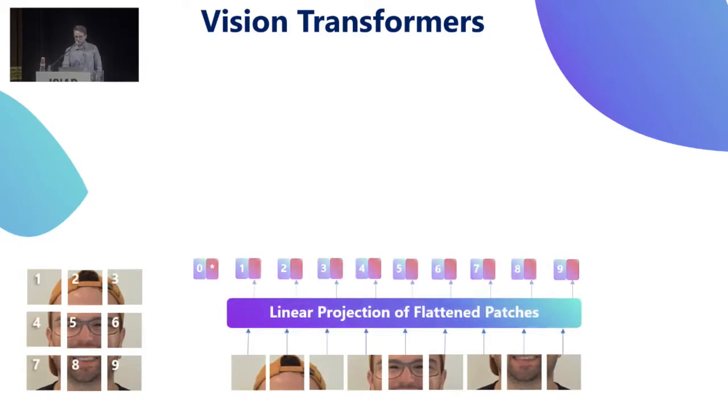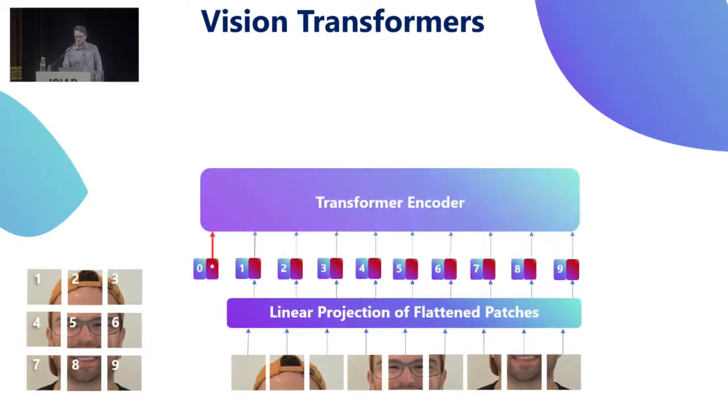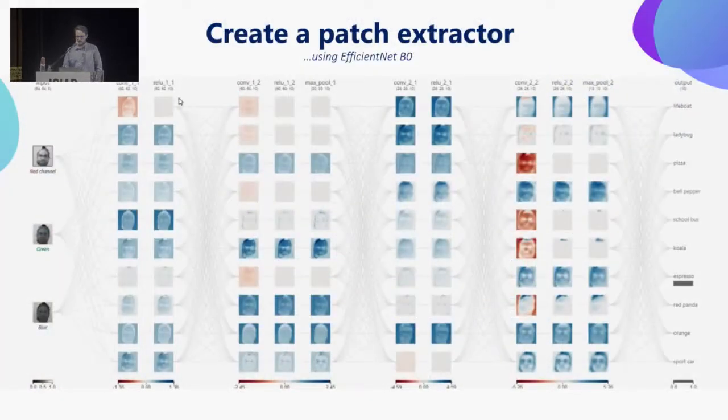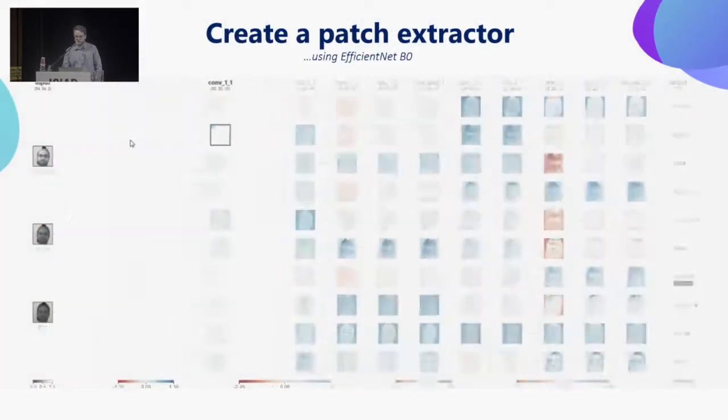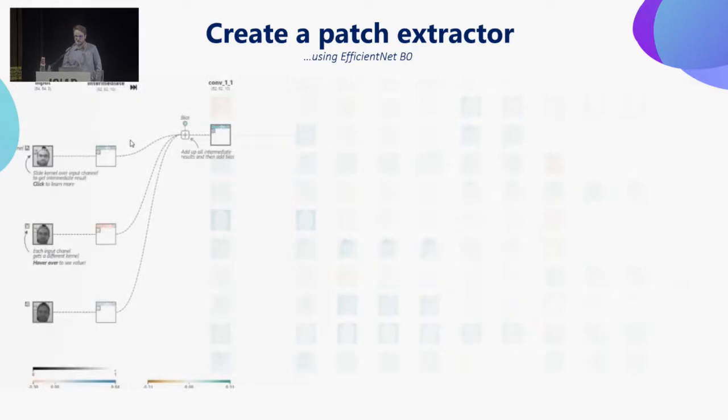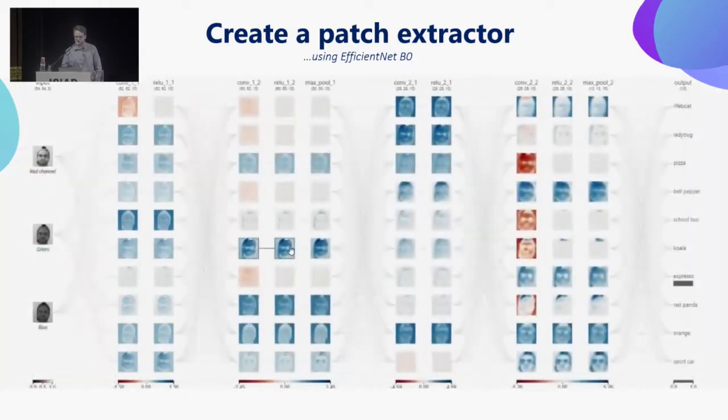Then these patches are projected in tokens, and these tokens go inside a transformer encoder, multi-layer perceptron, and we get the classification. But the process of starting from a large image and going into several smaller images is something that can be similar to what happens inside a convolutional neural network.